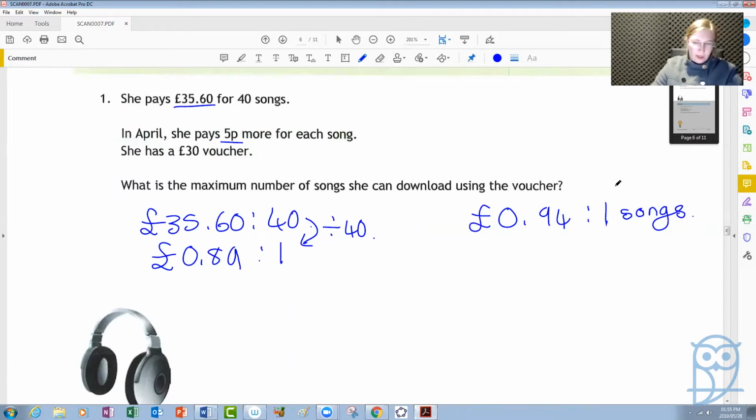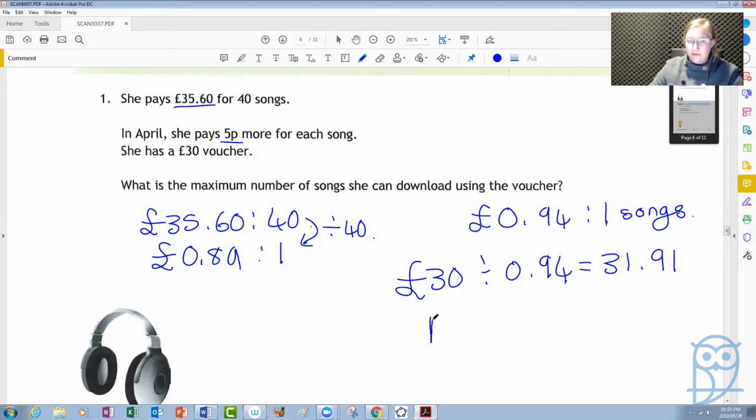So now we can work out if she has a £30 voucher, how many songs can she get? So we take our £30 voucher and we can divide it by our 0.94, which will give us 31.91 songs. So she can get at maximum 31 songs.